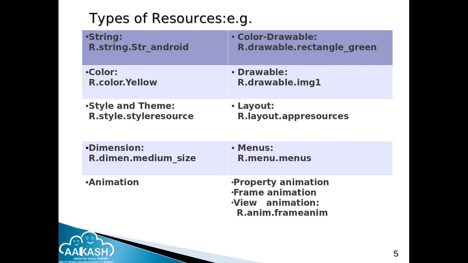Now layout resources are used to define the layout for the application user interface and refer by R.layout.layout name. Then menu resources are used to define application menus and refer by R.menu.menu name. Then animation resources are defined to use animation properties on objects. These are categorized as property animation, frame animation and view animation and refer by the R.anim subdirectory.file name.